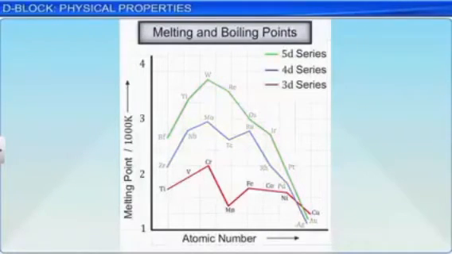The melting points of 3D, 4D, and 5D transition metals are depicted in the figure here. As you can see, in any series, with the exception of anomalous values for manganese and technetium, the melting points first increase to a maximum at D5 configuration and then gradually decrease towards the end of the period.